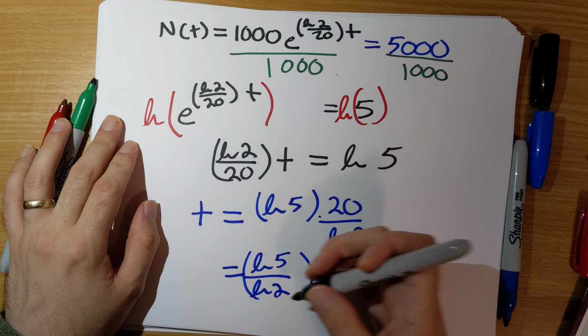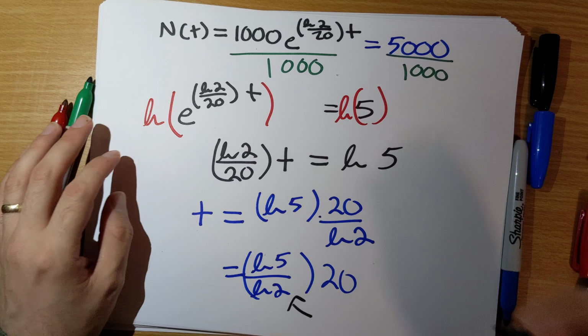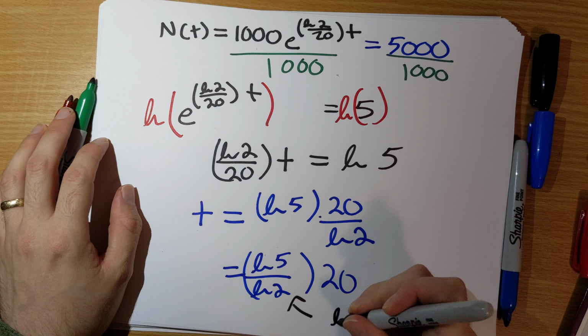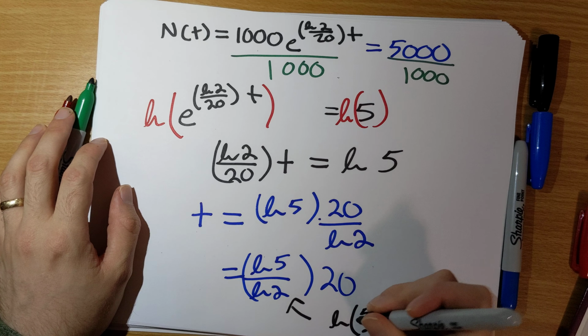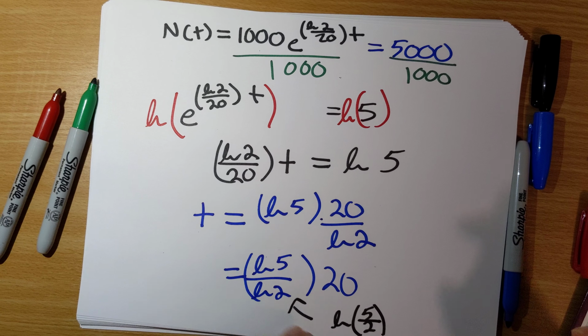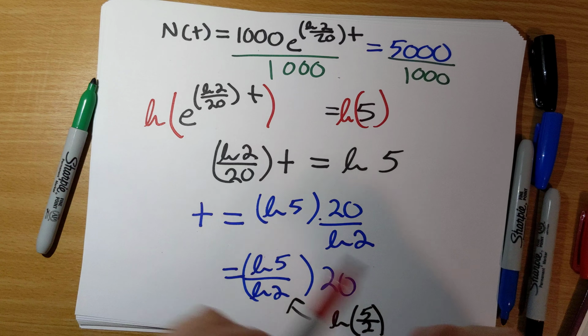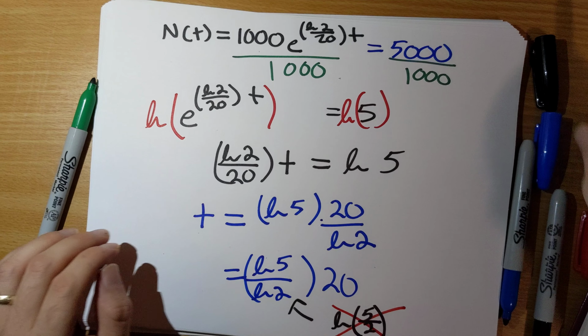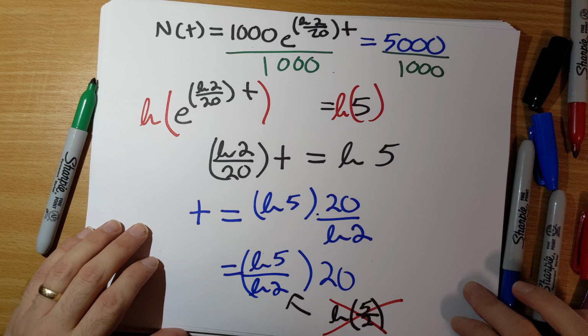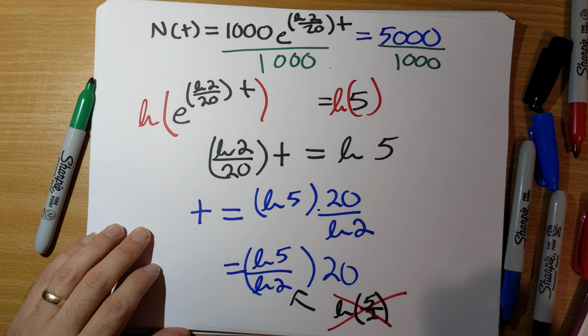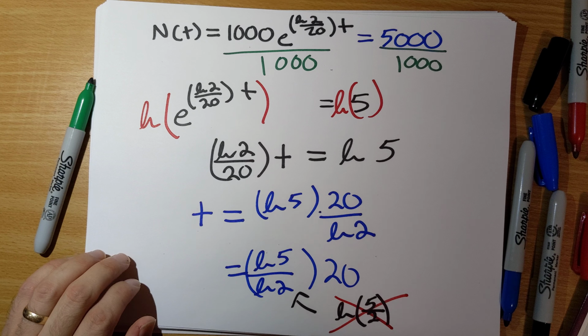Let me just finish by observing another incorrect way to do this. Some people might be tempted to simplify log of 5 over log of 2 as log of 5 halves. That's, again, an incorrect simplification. Our logarithm rules do not work like that.